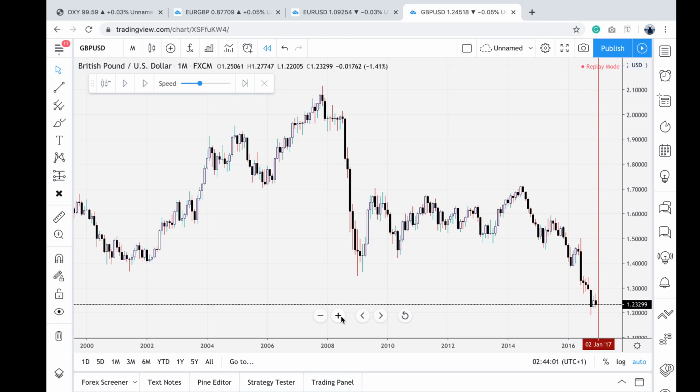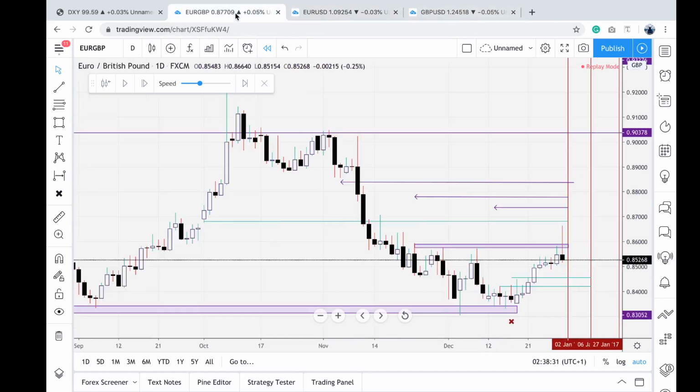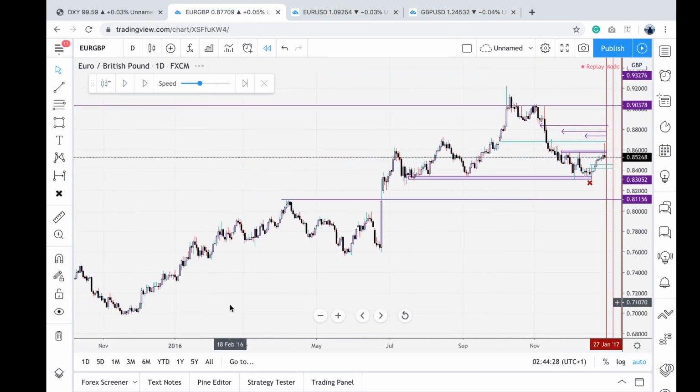That tells you the British pound has been a lot weaker than Euro Dollar. Notice that whilst the British pound was dropping massively, euro was still stuck in a range. That tells you euro was way stronger than the British pound, as reflected by Euro Pound, where we can see the strength in the euro.